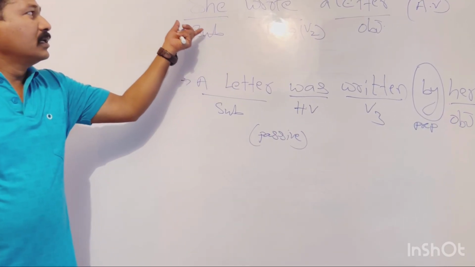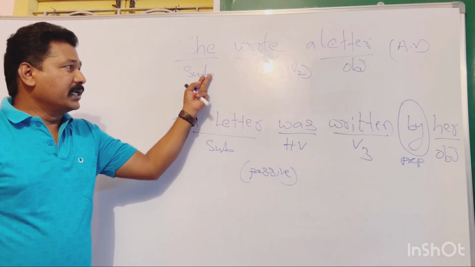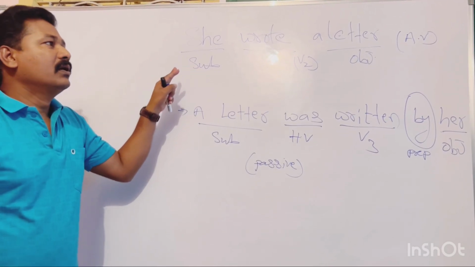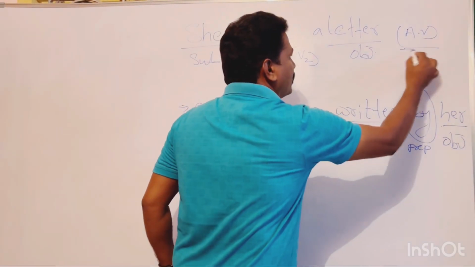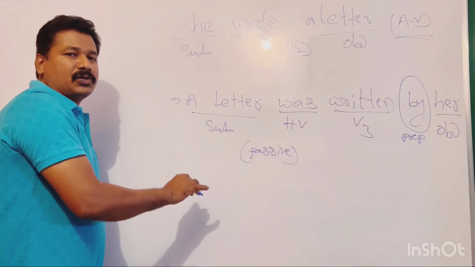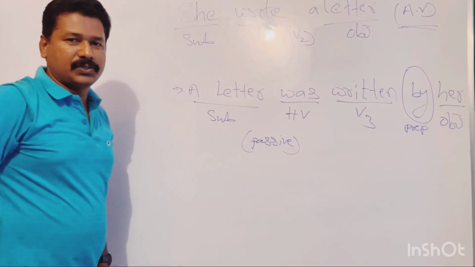So here the subject is she, doing some work, writing a letter. As the subject is active, we say this sentence is in active voice, whereas here, as the subject is getting the result, we say that this sentence is in passive voice.